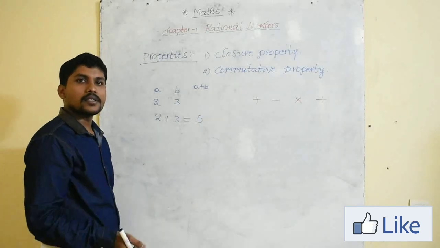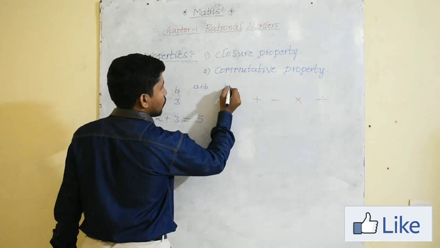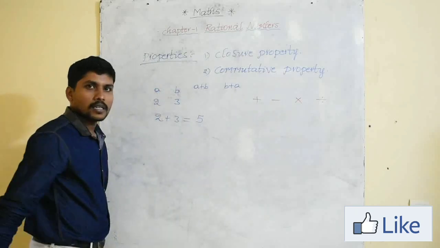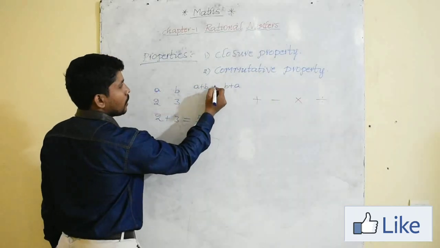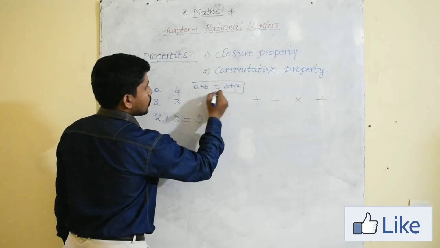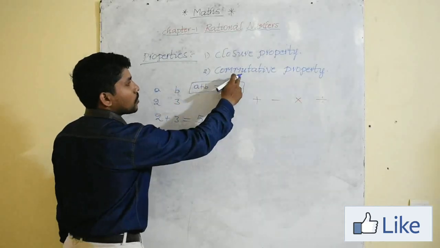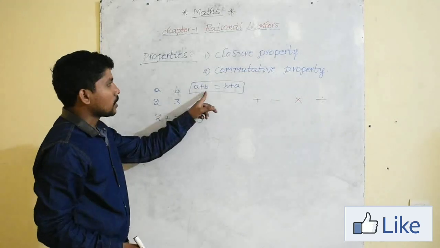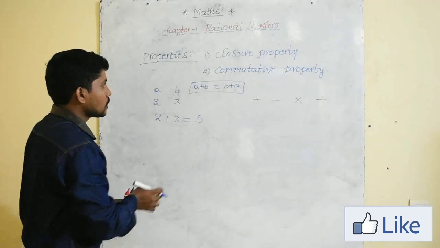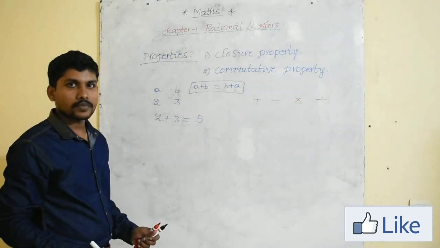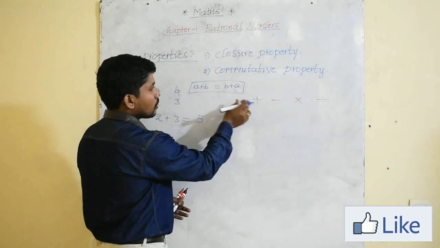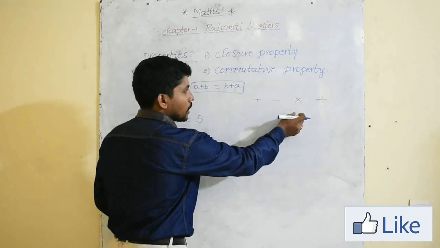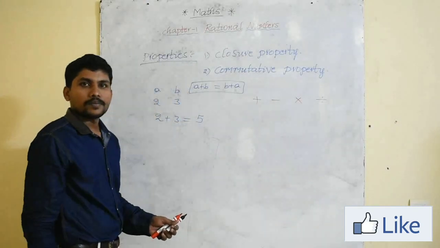If we interchange the order, we will get B plus A. So commutative property says that if A plus B is equal to B plus A, it satisfies the commutative property under addition. This is only for addition. Similarly, we have to check by interchanging the order for subtraction, for multiplication and for division.